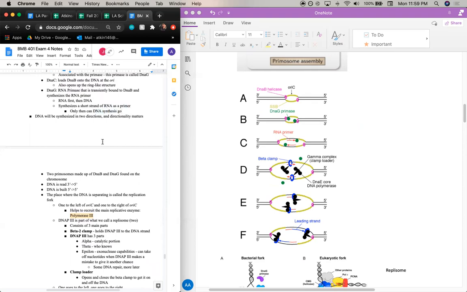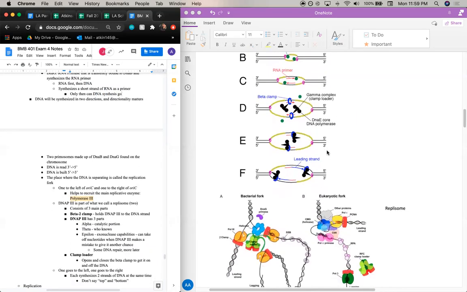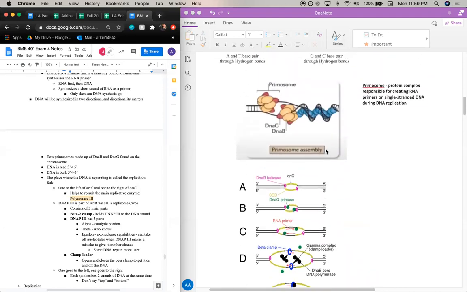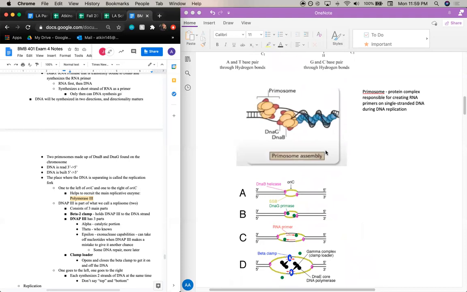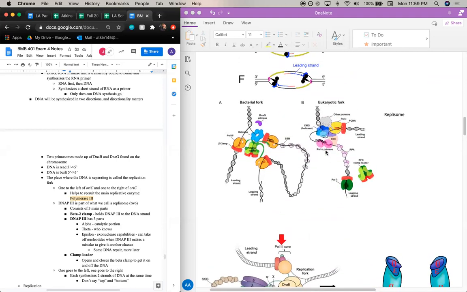You need RNA first. Okay, so DNA is going to be synthesized in 2 directions, and directionality matters for sure. However, this is kind of a point in the lecture where Dr. Fowler uses the words top and bottom. Definitely don't do that.